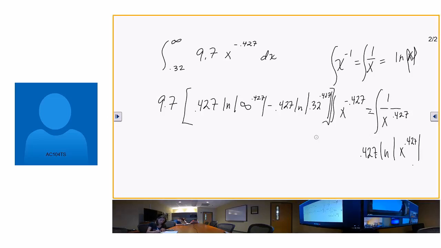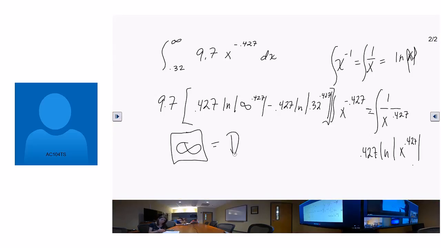Well, that's going to be pretty much infinity minus 0. And what's infinity minus 0 going to be? Infinity. Infinity times 9.7 is what? Infinity. So this one is infinity, which is equal to divergent.